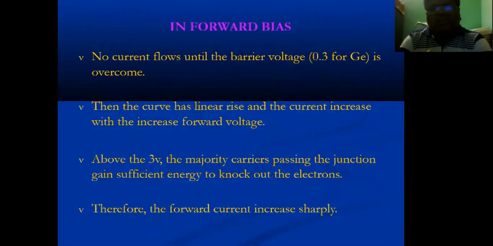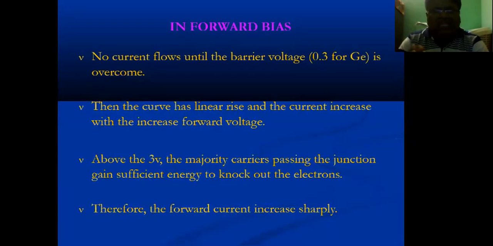In a forward bias, no current flows until the barrier voltage, 0.3 for germanium and 0.7 for silicon. According to our VI characteristics, up to 0.3 there is no current. But in case of a silicon diode, up to 0.6 there is no current passing.